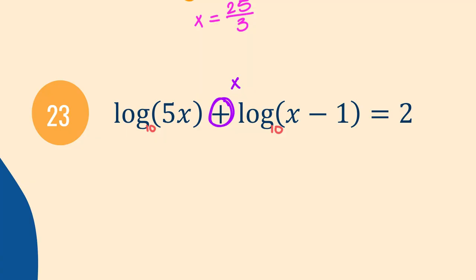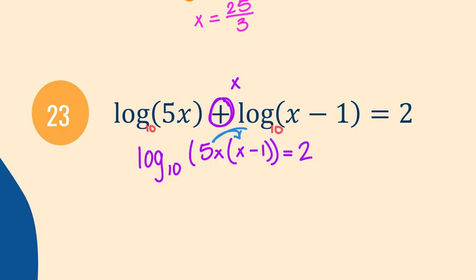Now I'm going to have log base 10 of 5x times x minus 1 equals 2. I'm going to distribute that 5x. Now I have log base 10 of 5x squared minus 5x equals 2.